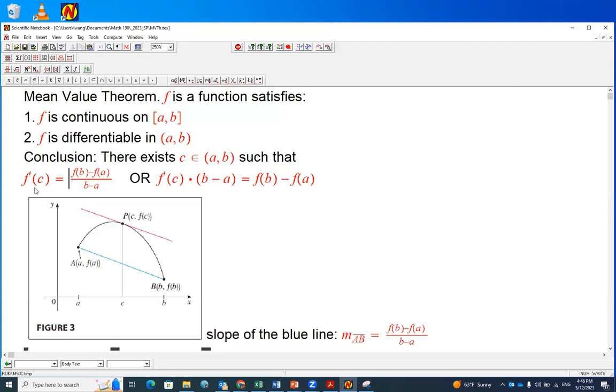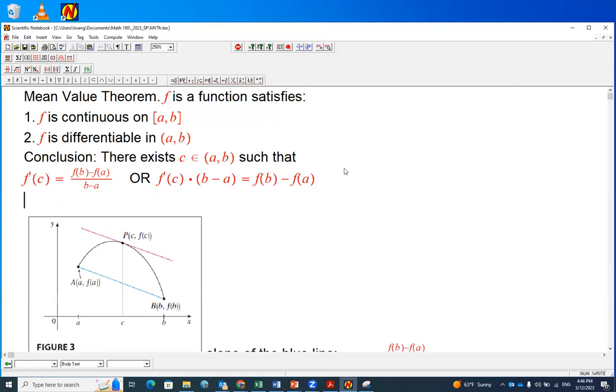Since the derivative of the function at c is the slope of the tangent line, the pink one, the pink line and the blue line have the same slope. That means they're parallel. This is one case.